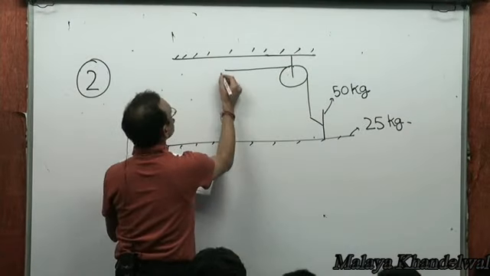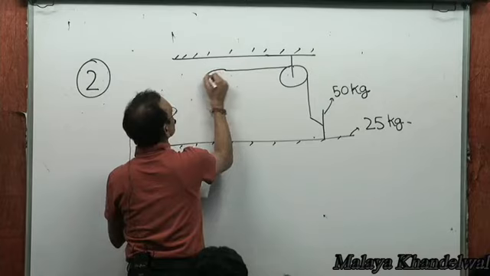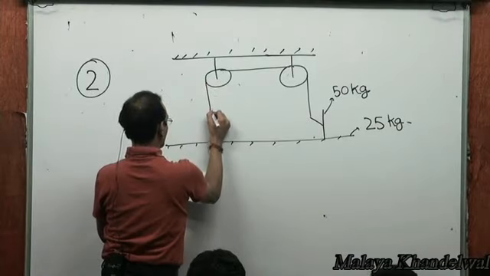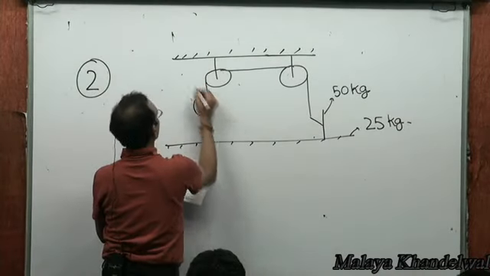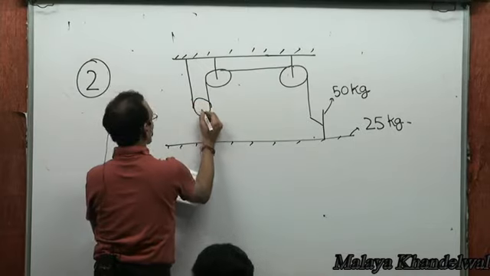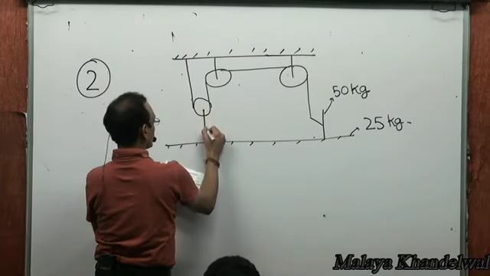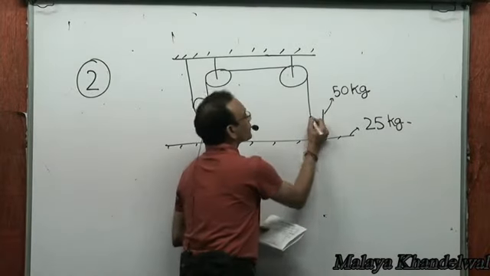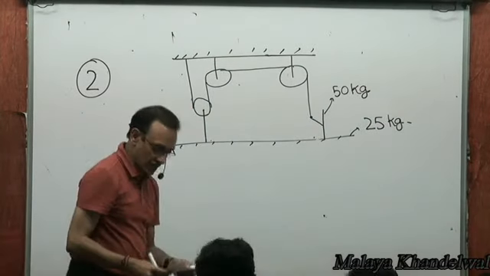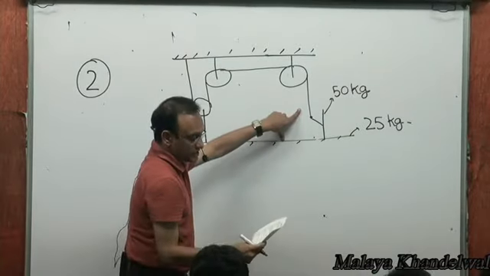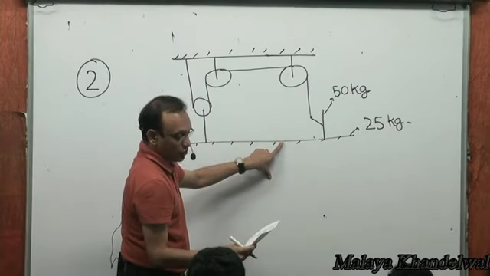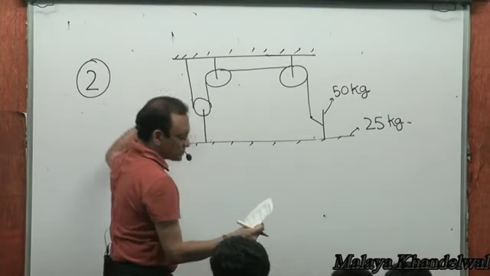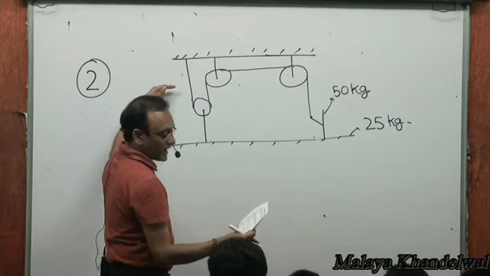There are two fixed pulleys. All right. And he wants to pull this string down. So this 50 kg person standing on a 25 kg platform, he pulls on the rope which is attached to the platform via these pulleys as shown, frictionless ideal pulleys.